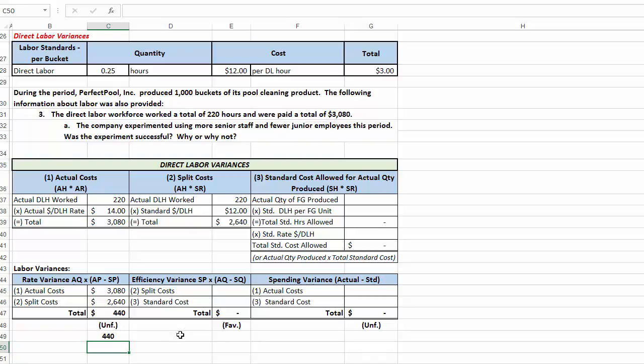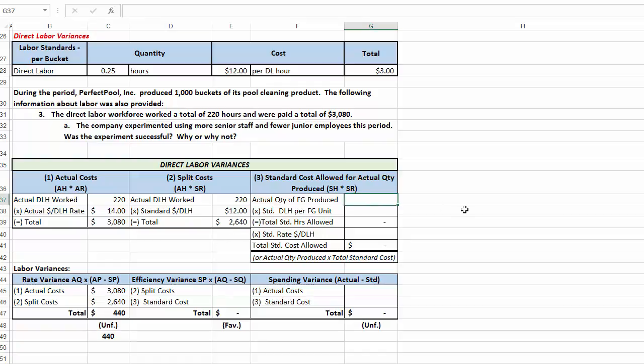Okay, so with respect to efficiency variance, that's effectively the same thing as a quantity variance. It's just measuring whether we worked more or less hours than we were allowed to do given the actual quantity of the product produced.